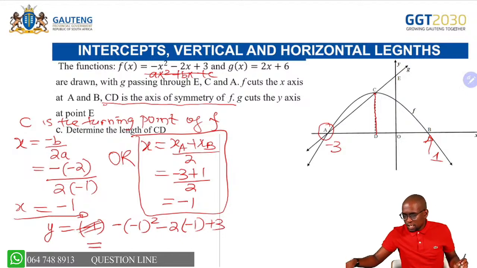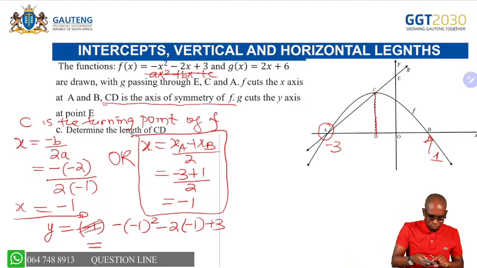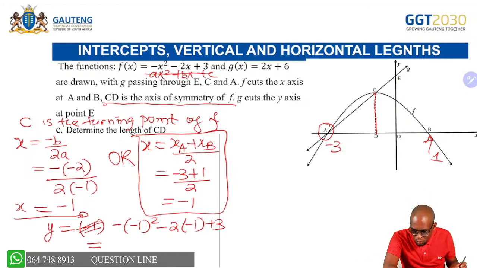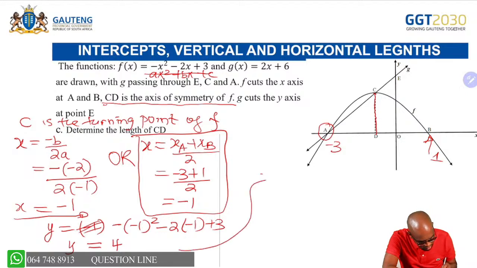Obviously, I can use a calculator now, and if I substitute everything on my calculator here, I get that y is equal to 4. That's what I'm getting there, which means that I can come here and say the coordinates of C are, when x is negative 1, y is 4.